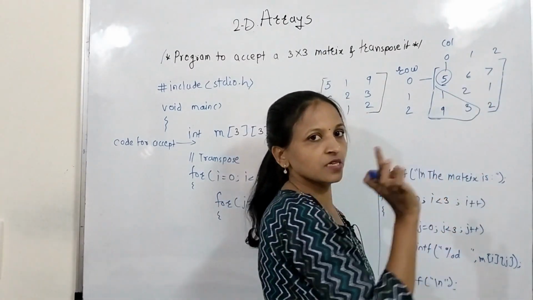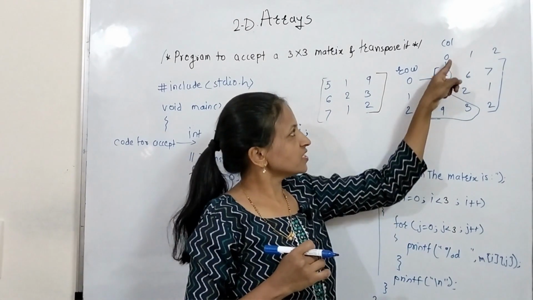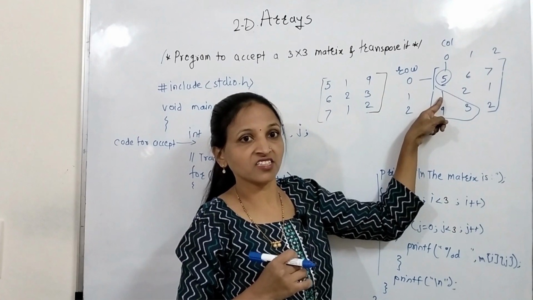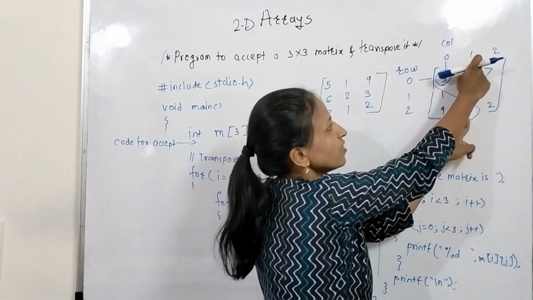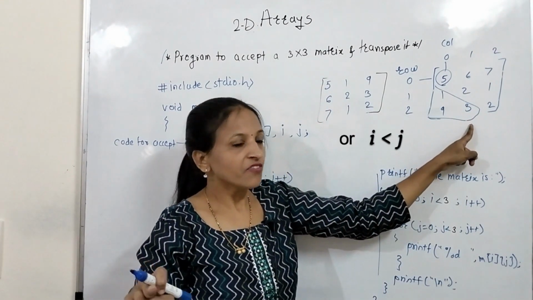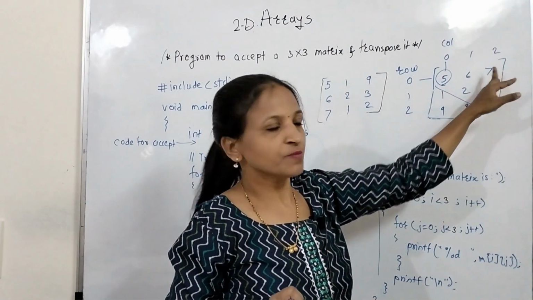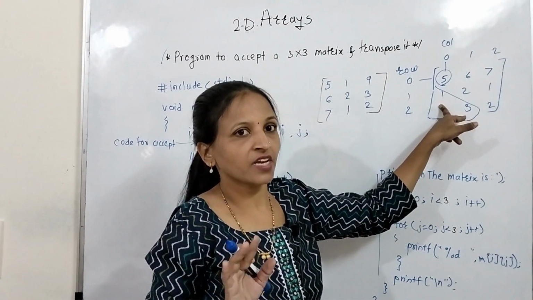See, at this place the value of i is 1 and the value of j is 0, means i is greater than j. Here again i is greater than j, and here 2 and 1, i greater than j. If i is greater than j, then we can swap these elements, means 1 will be at this place and 6 will be at this place. That logic we can apply here.